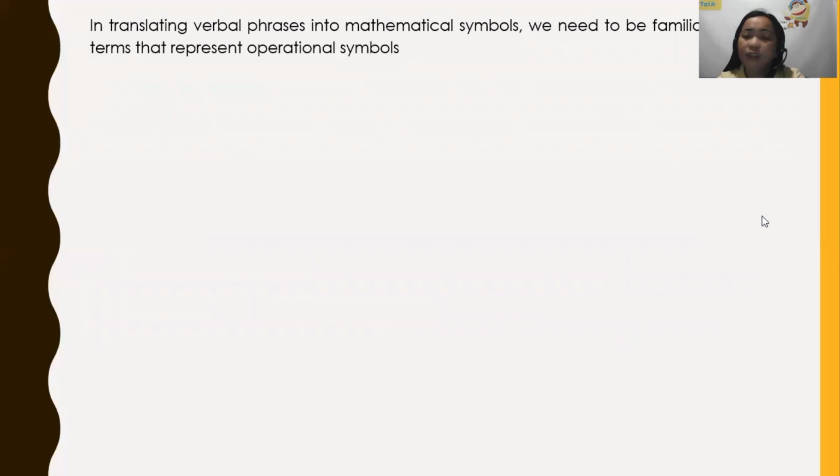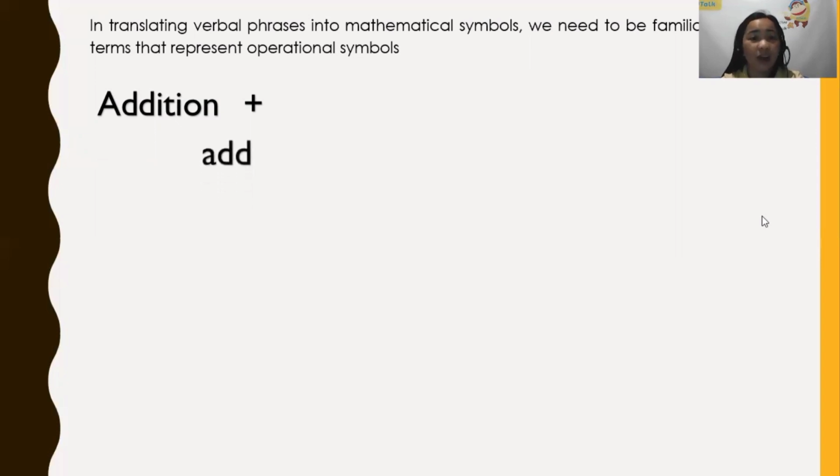Now, in translating verbal phrases into mathematical symbols, we need to be familiar with the terms that represent operational symbols. So we have first the addition. If we have the operation addition, what symbol are we going to use? This is the symbol that we are going to use. And what are the terms that represent addition?